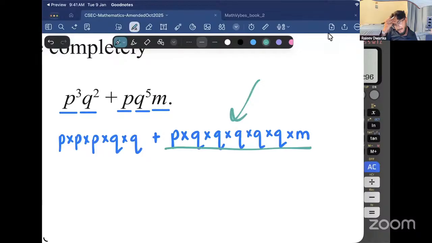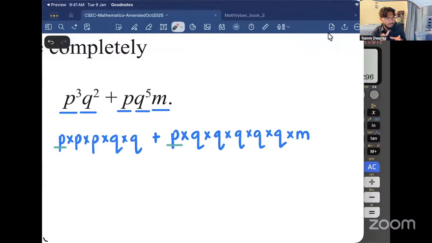When we say in common, that isn't what we mean. Let me explain. They have 1 P in common. That's the only thing they have in common, right? You can't say they have 4 P's in common. Are you seeing 4 P's over here? No. Are you seeing 4 P's over there?